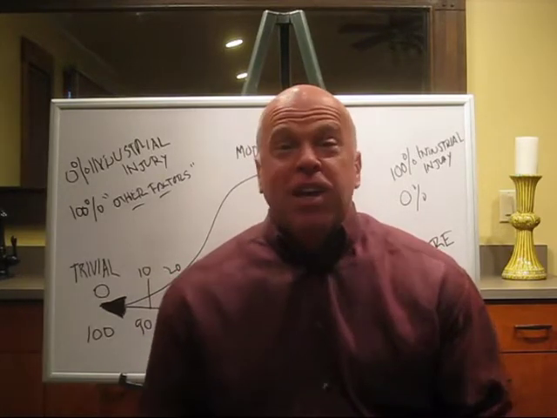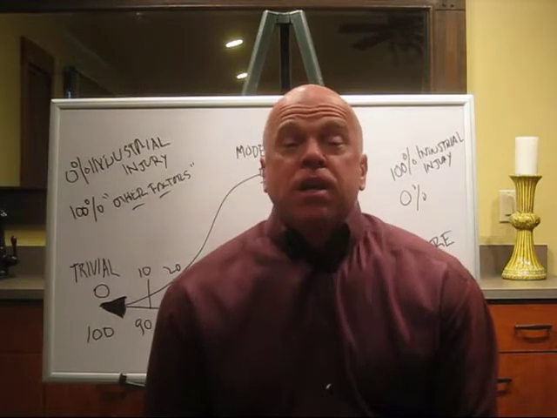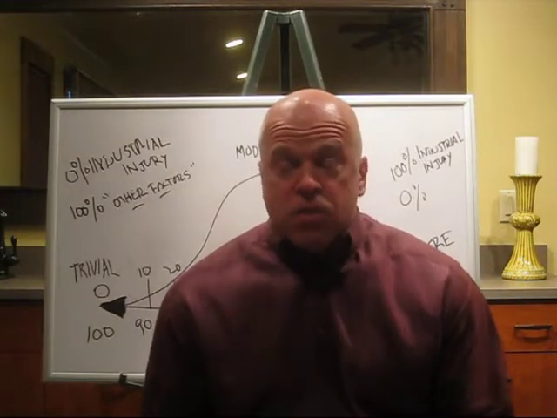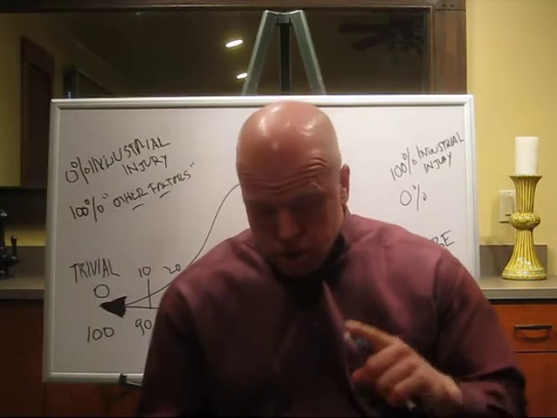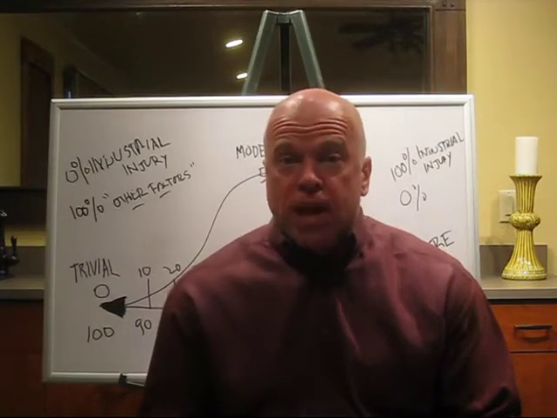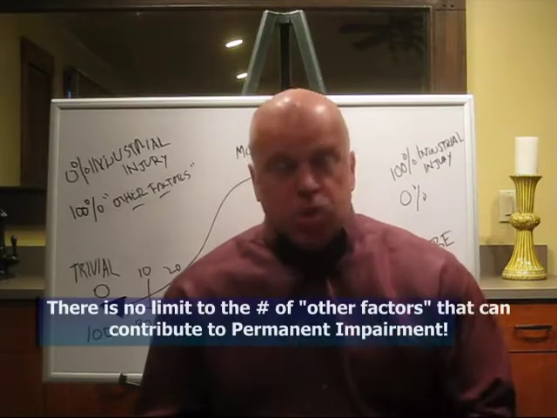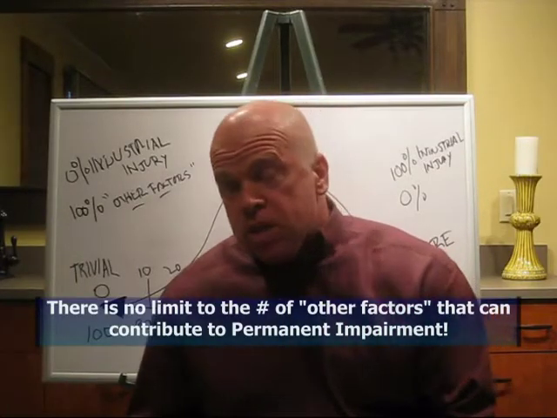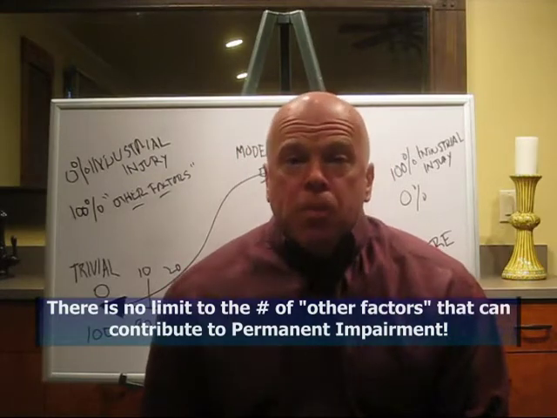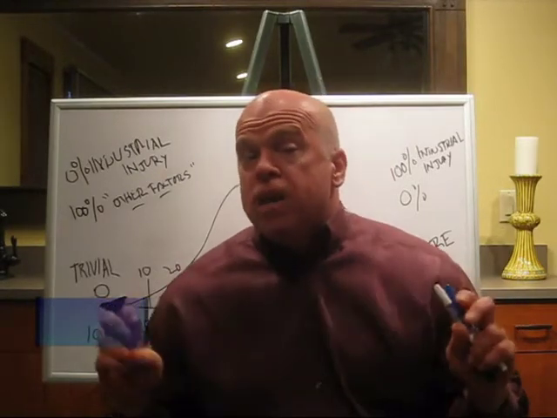They're called other factors. We can simply summarize and synopsize all these things, such as pre-existing degenerative change, such as retroactive prophylactic work restrictions, such as prior industrial injuries, such as subsequent trauma. All these things that contribute to permanent impairment, we refer to those as other factors.